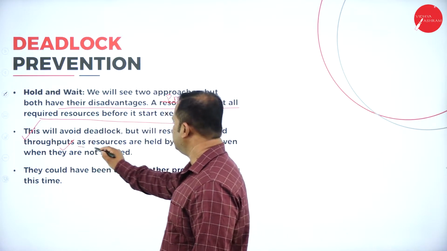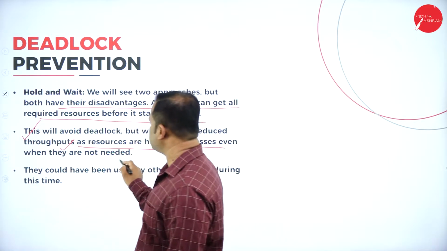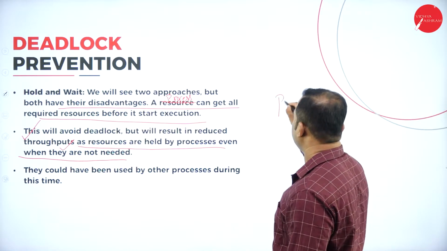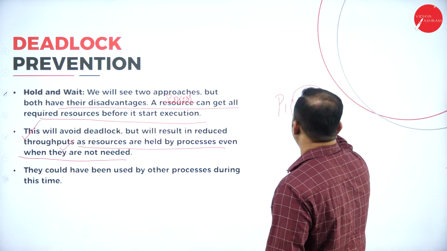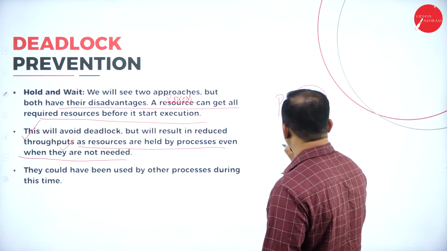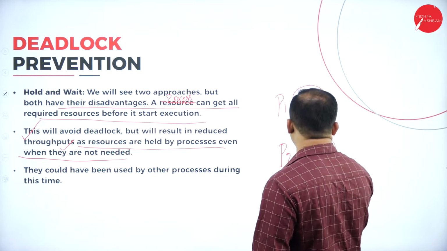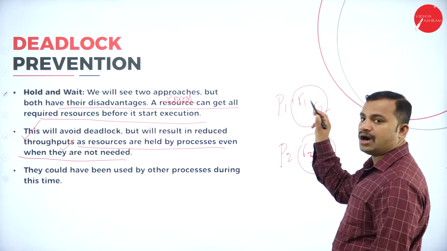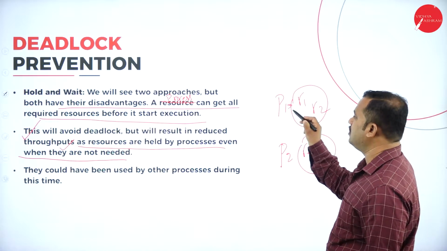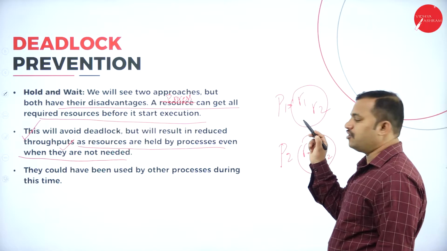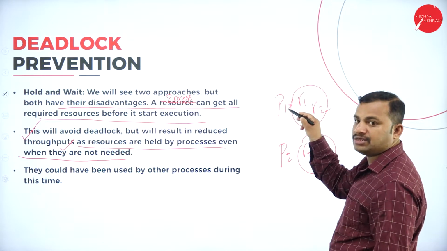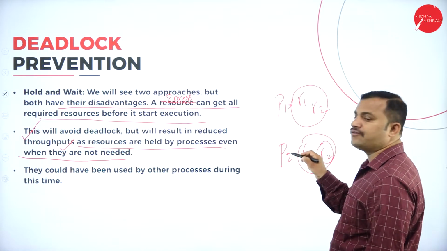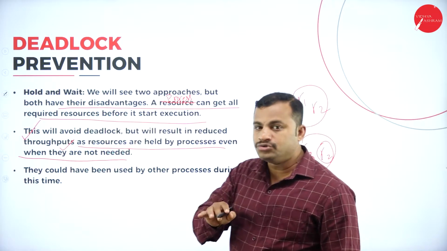The throughput is reduced as resources are held by processes even when they are not needed. That means when process P1 is there, P1 has held R1 and R2, but P2 is another process that requires R2 and R3. In this case R1 and R2 are held by process P1, but R1 is not at all required for it. However, the process P1 is assigned with resource R2. In this situation, the same R2 resource is required for P2, that leads to the reduced throughput.